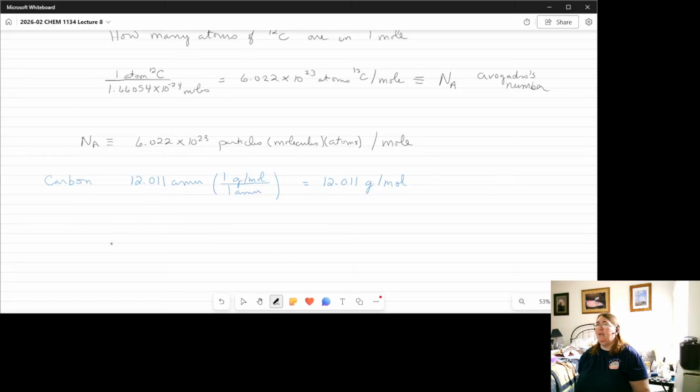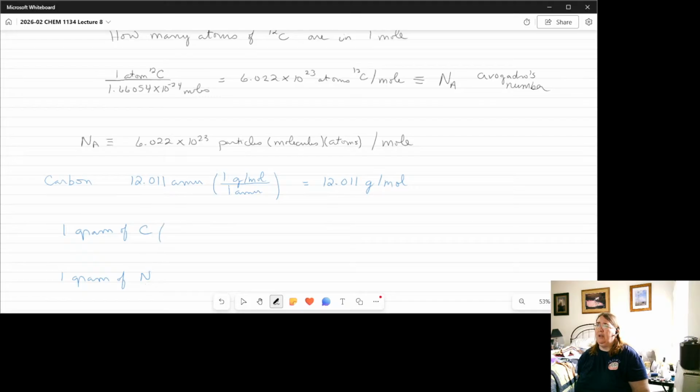And that was important because if I look at 1 gram of carbon versus 1 gram of nitrogen, do they have the same number of particles?